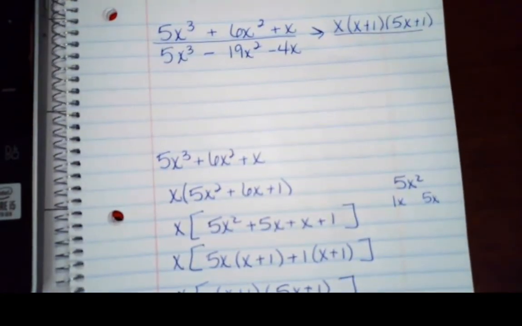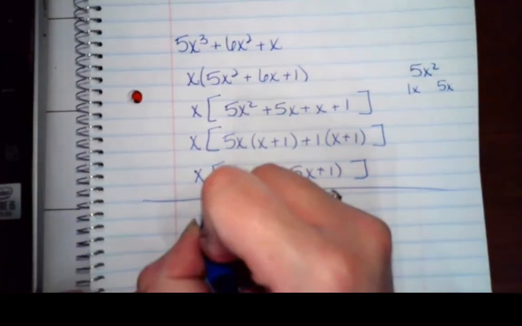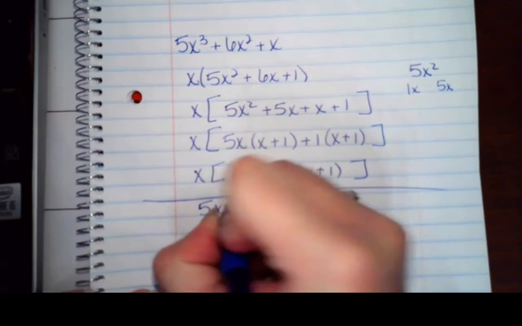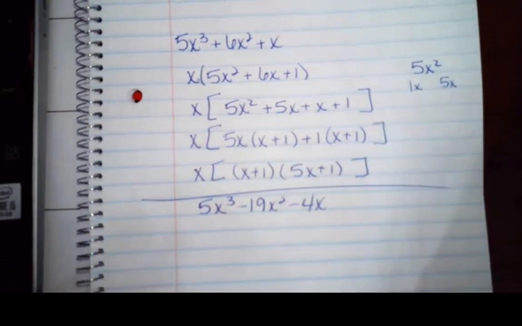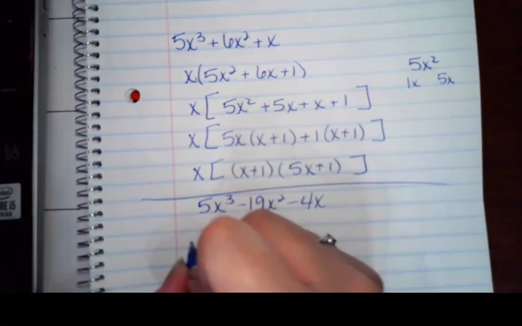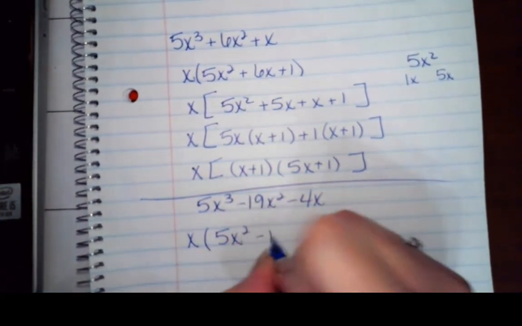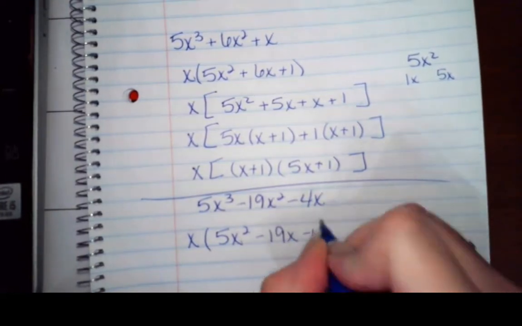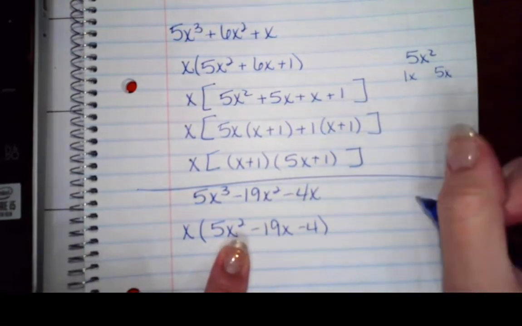Now let's hit the denominator. So my denominator is 5x to the third minus 19x squared minus 4x. So I see that everything has an x, pull that out. So it gives me a 5x squared minus 19x minus 4. So I need to multiply first and last.